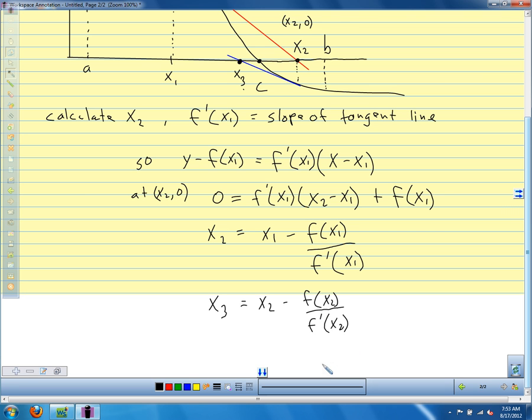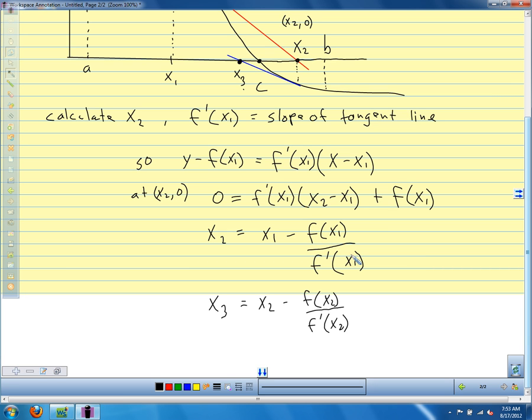And if we needed an x4, we would do another iteration, x5, another iteration, until we got the accuracy that we wanted. Does this make sense? This method is pretty easy, pretty straightforward. It can get tedious calculating the derivatives and the values of the functions. If you have a complicated function, plugging in values for x, evaluating the function and the derivative can get a little tedious, but you have calculators.